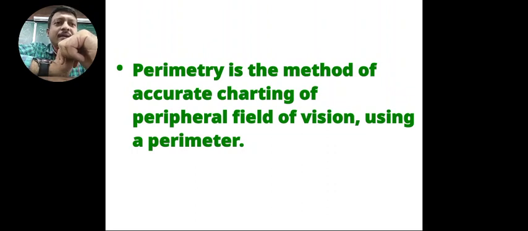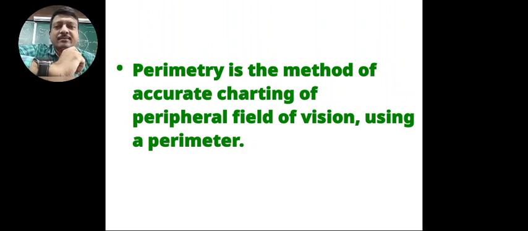Now, what is perimetry? Perimetry is the method of accurate charting of the peripheral field of vision by using a perimeter. It is the charting of the peripheral field of vision. So there are two types of visual field. One is the central visual field, another is the peripheral visual field.